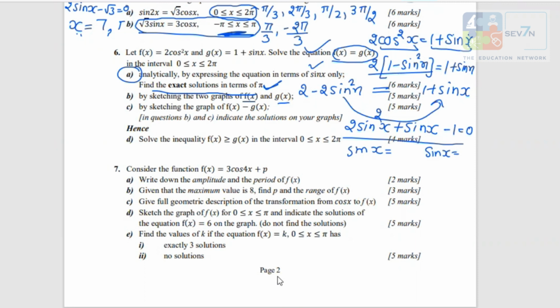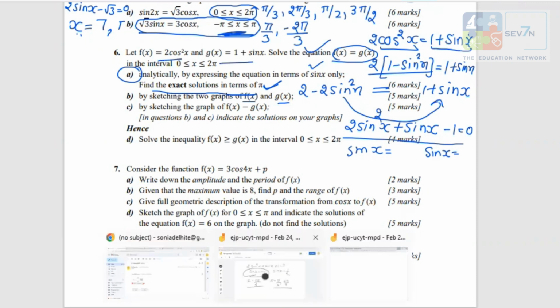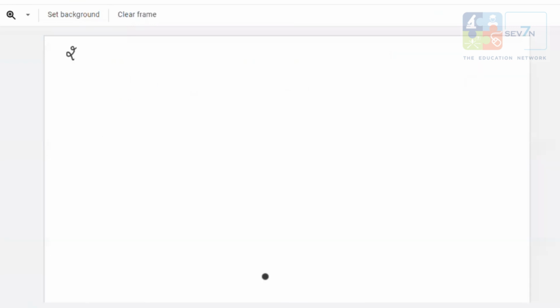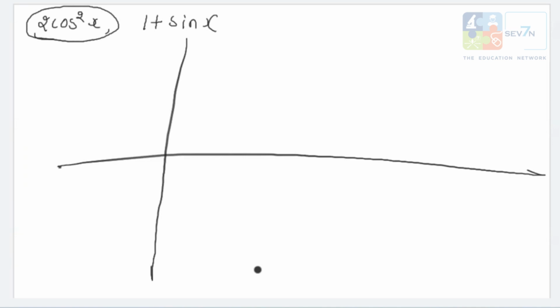Okay, so first I'll draw the graph of f(x) and then g(x), okay? 2 cos square x, and the another one is 1 plus sin x, okay? Clear? Yes. It is very clear that cos graph always starts from this axis. Cos square x. Suppose if this is 1 and this is 2, right? Yeah.